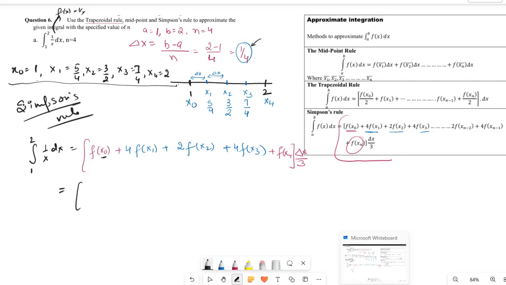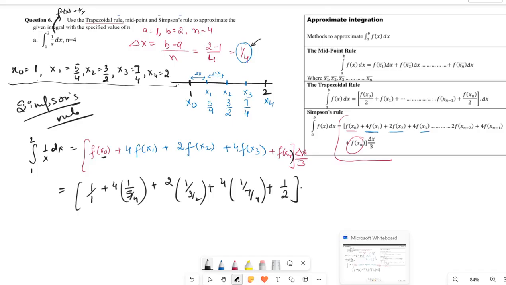X naught is 1. So 1 by 1 plus 4 times 1 by 5 by 4, plus 2 times 1 by x2, which is 3 by 2, plus 4 times 1 by 7 by 4, plus f of x4, which is just 1 by 2, times delta x.